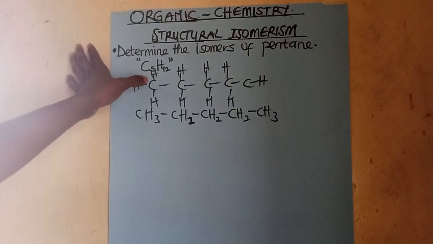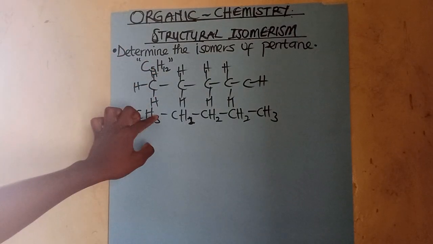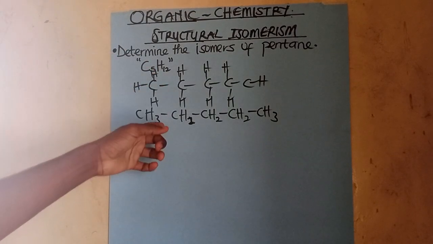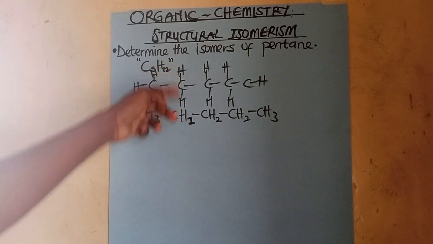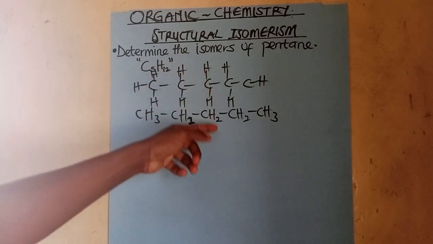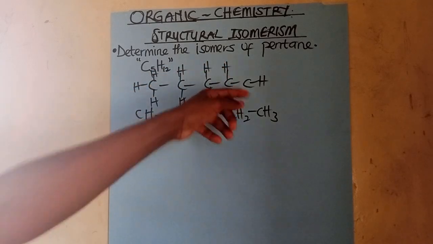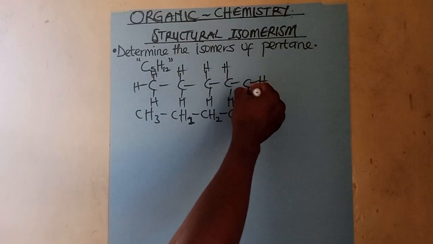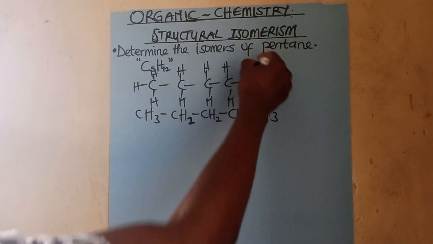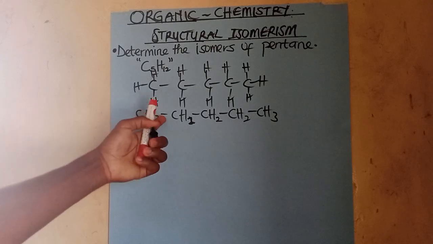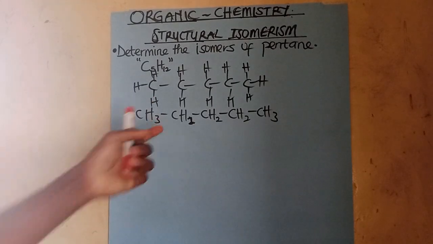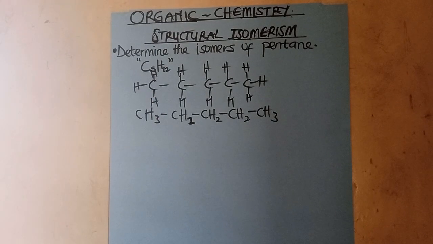As you can see, this is CH3. Okay, this bond here, I'm just trying to simplify this into this. So this is CH2, this is CH2, CH2, and CH3. Perhaps you might not put the bond, and if you like, you can put the bond. The bond doesn't mean anything.